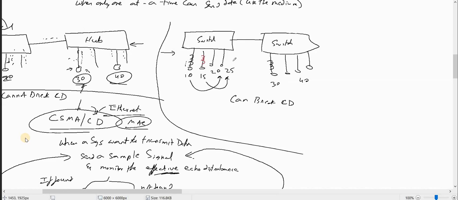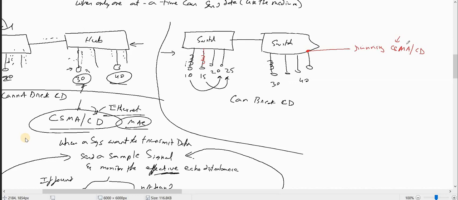And the answer is yes. Why? How? The first reason is every port of a switch is running CSMA/CD.